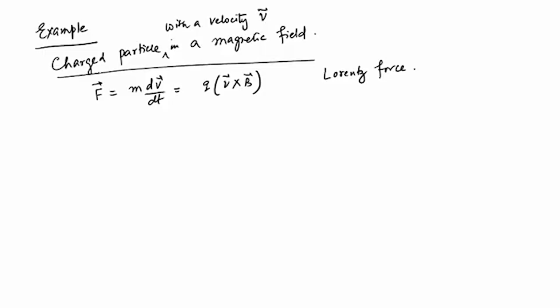This circular motion has a characteristic frequency which is called as the cyclotron frequency, which is given by omega equal to q B by m. And the radius of this motion is given by m v over q B. Okay.